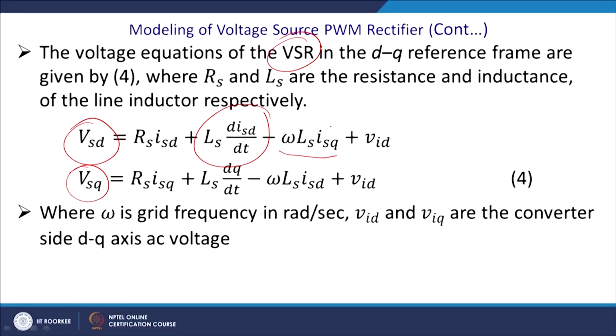These are the cross terms. Here omega is the grid frequency in radians per second, and Vid and Viq are the converter side voltages.